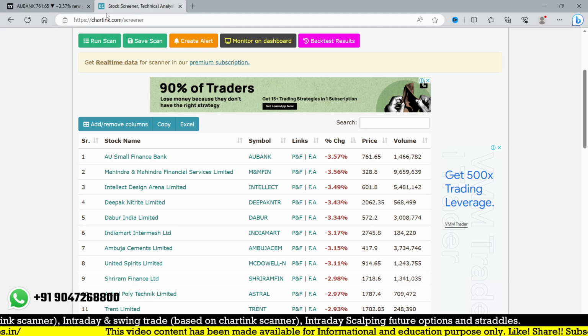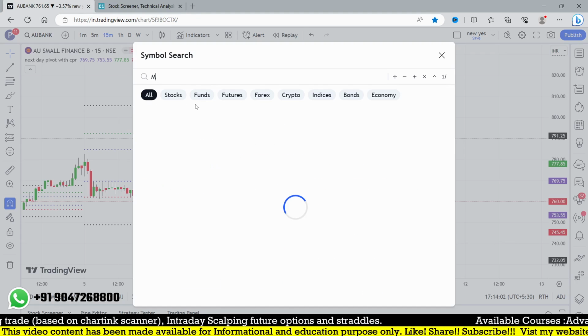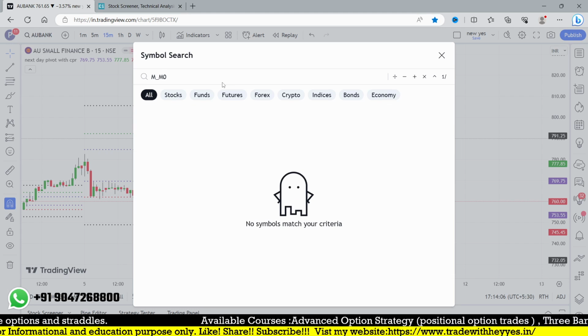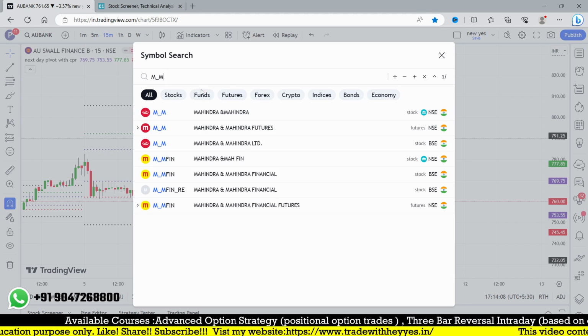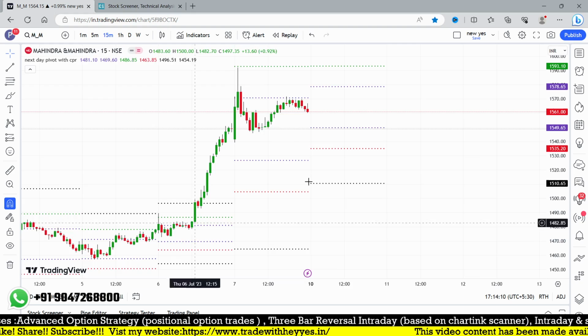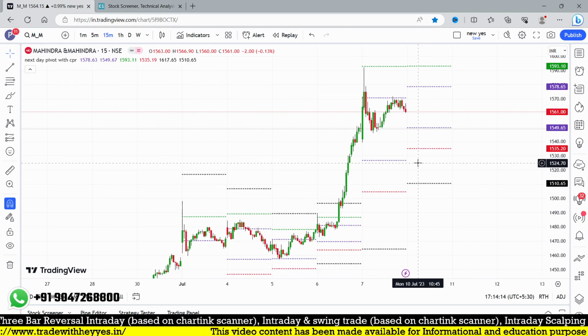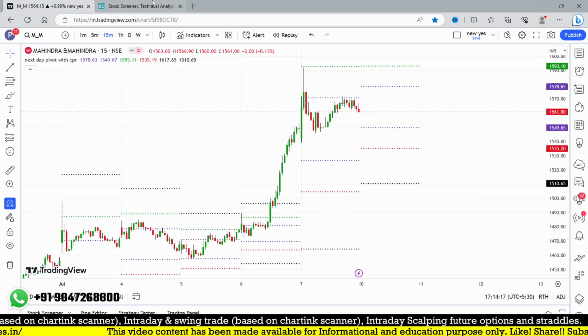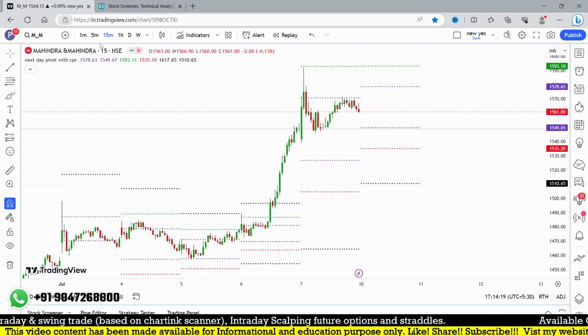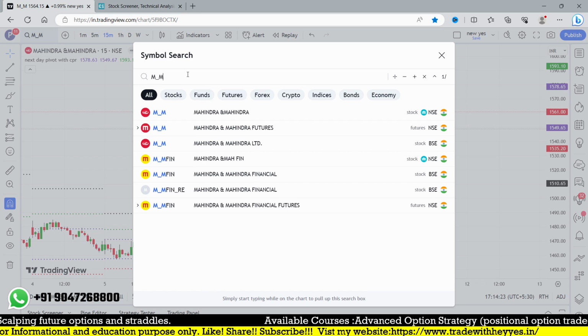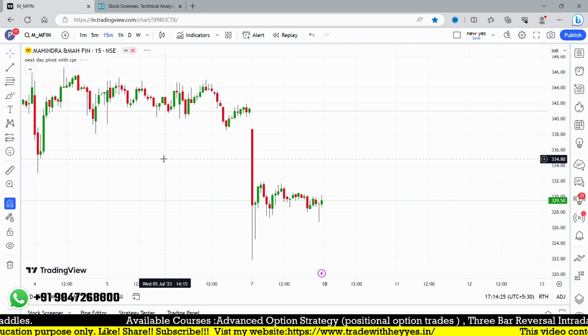And many stocks, M&M, Intellect, and then Mahindra, that is also broken. So if you are following Mahindra and Mahindra, where it is broken, Mahindra and Mahindra Financial Services, M&M Fin.